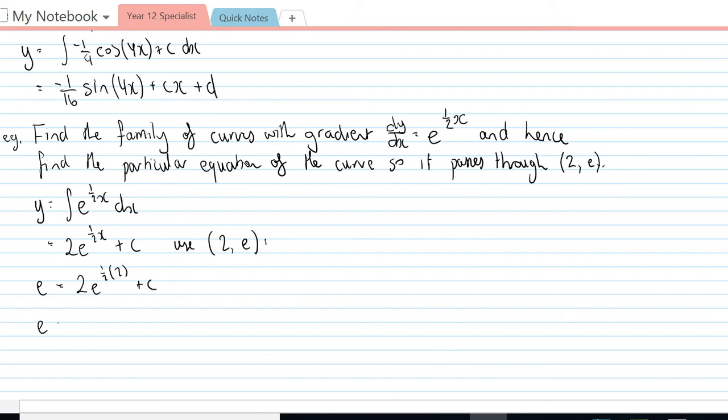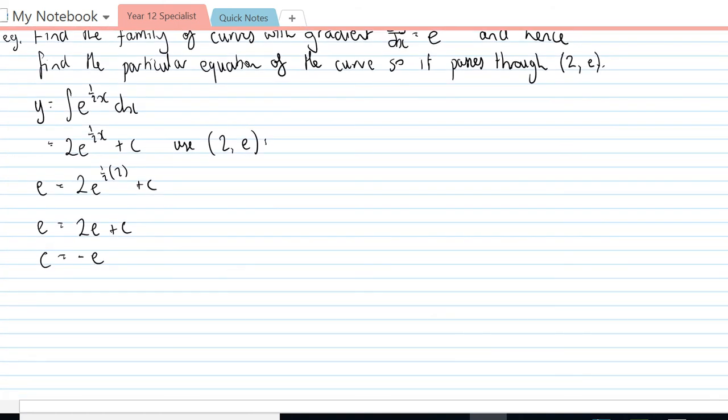So that means e equals 2e plus c. So therefore c must equal negative e. And so therefore y equals 2e to the half x minus e. And well, there we have it.